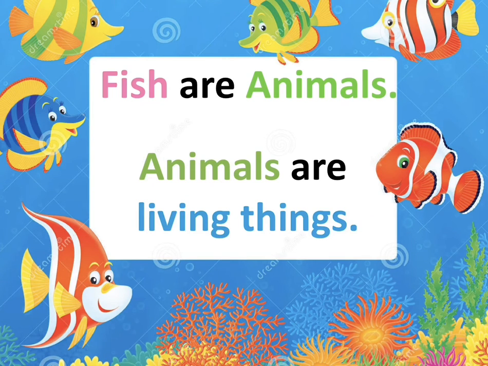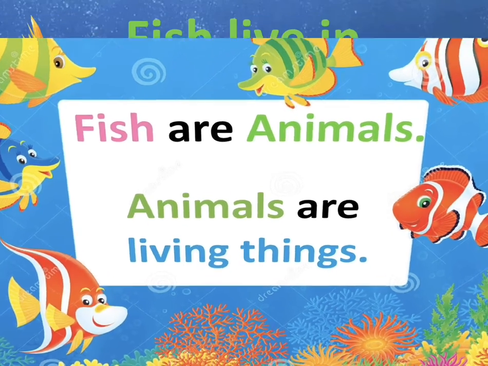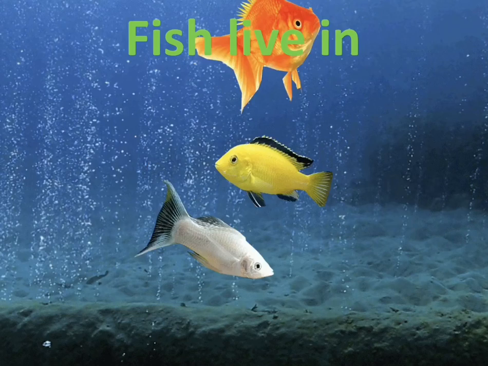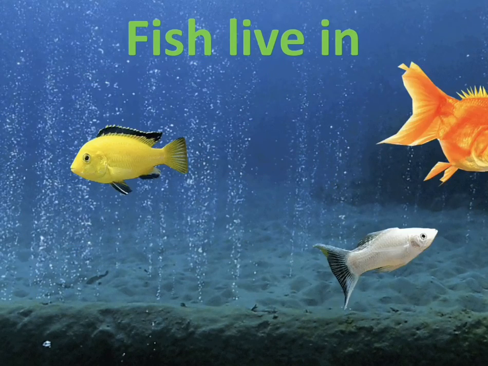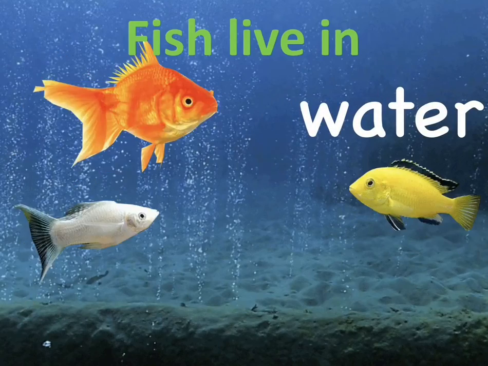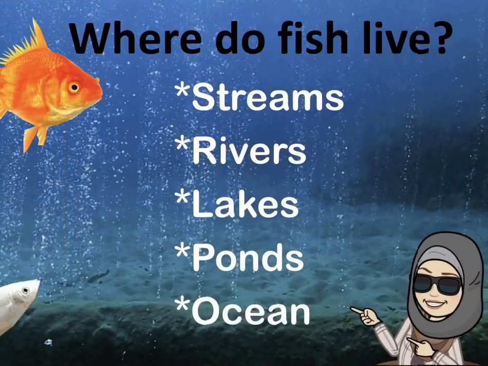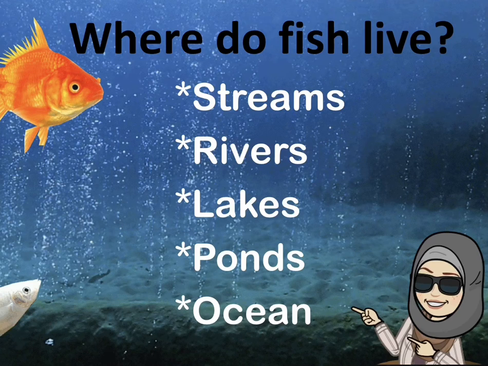Fish are animals, and animals are living things. Do you know where fish live? Yes, they live in water. Some fish live in the streams. Some fish live in rivers.